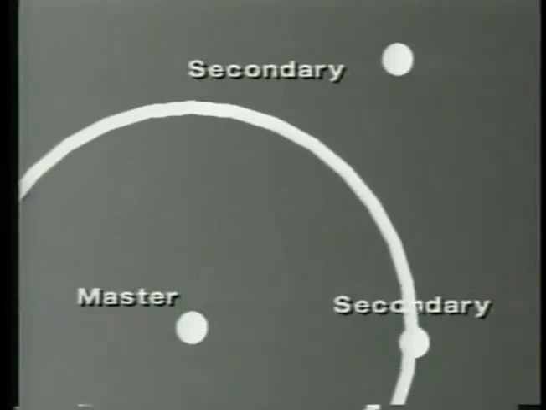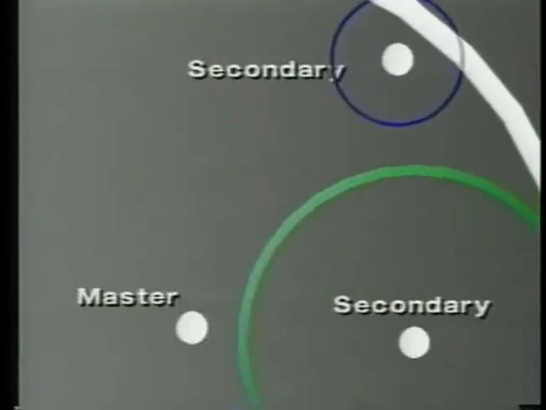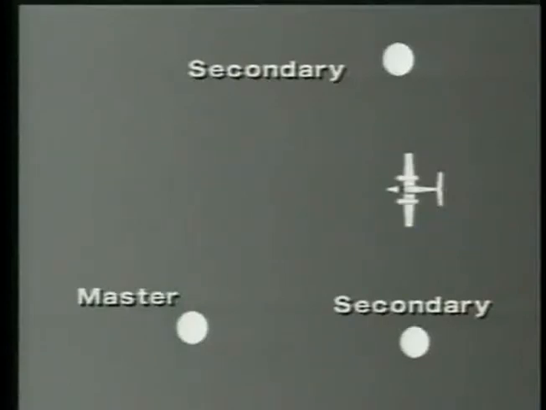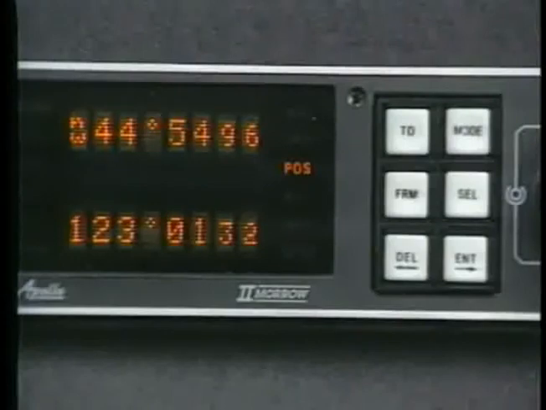Then, each secondary station transmits its pulse at a specific time interval after the master pulse. A Loran receiver in the aircraft determines your position by measuring the time difference between the receipt of the master pulse and that of the secondary stations. Your position is then translated into latitude and longitude values and displayed on the receiver.